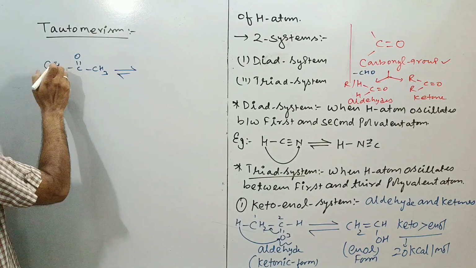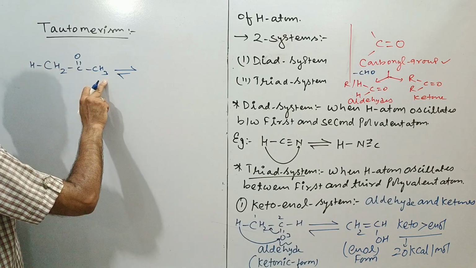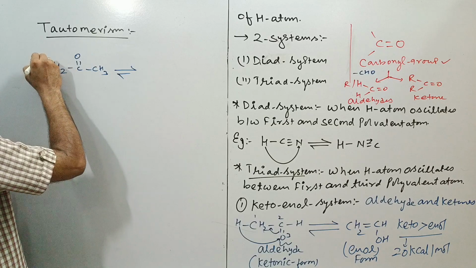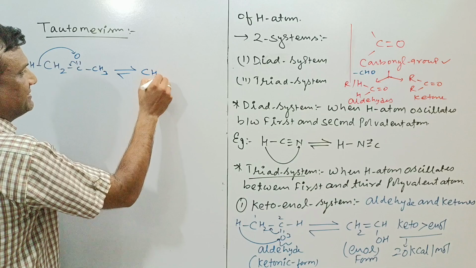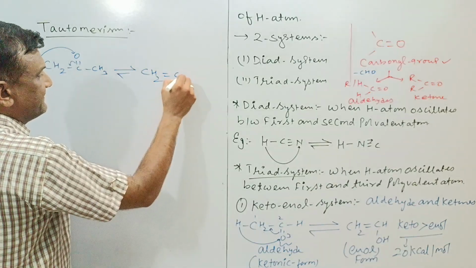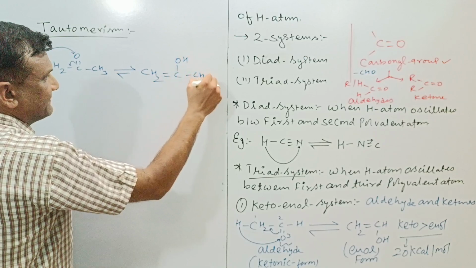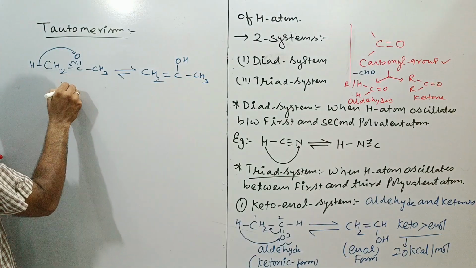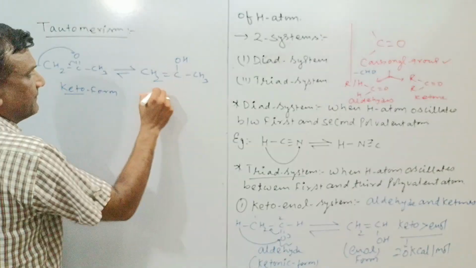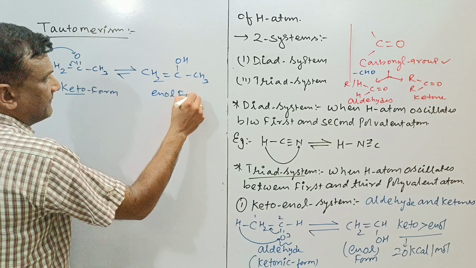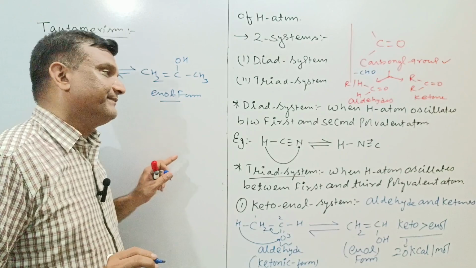You can migrate the hydrogen from here, or from here. Both are the same. If it migrates over here, then the pi bond shifts here. So it will be CH2 double bond C, this is the OH, and this is the CH3. Again, this is the ketonic form and this is the enol form. Both are in equilibrium, interconvertible due to oscillation of hydrogen.